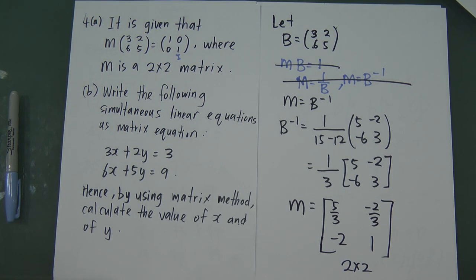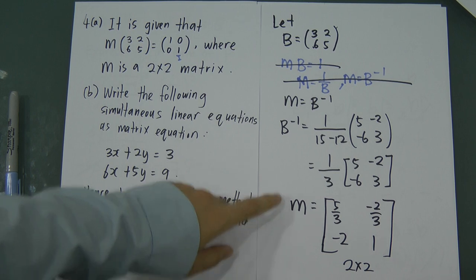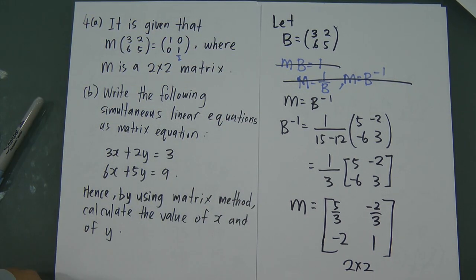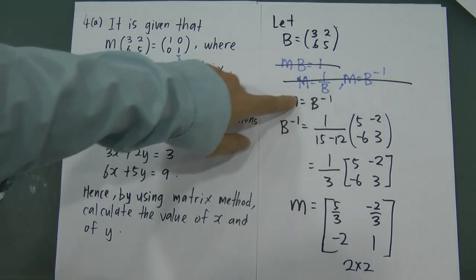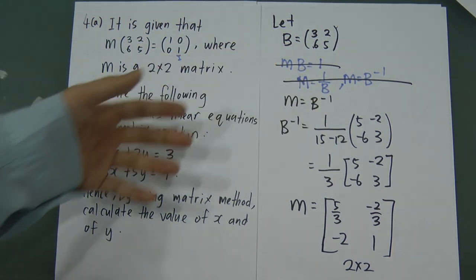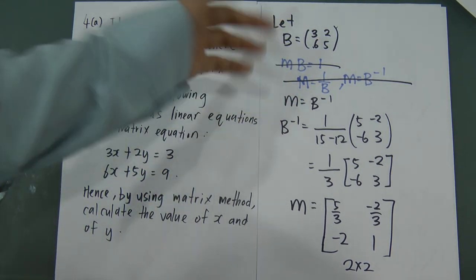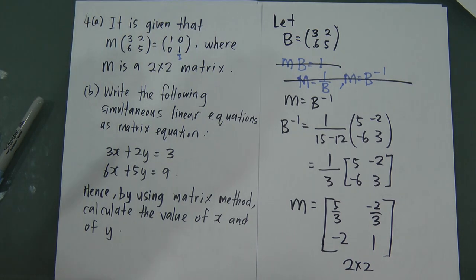Okay, so actually M is the B inverse. Sometimes in the exam you are just very confused. You do not understand why you should write this, or you do not know how to let B equal this one. It's very simple.